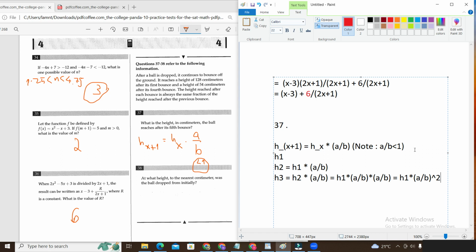Now let's keep going. We're going to calculate h4, which is h3 times a over b. h3 is h1 times a over b squared, so this is h1 times a over b cubed.